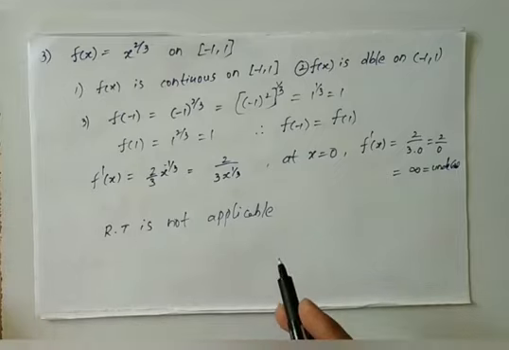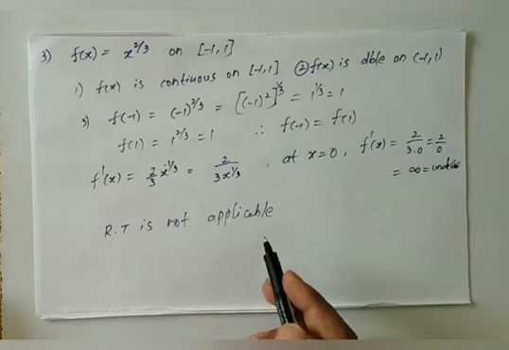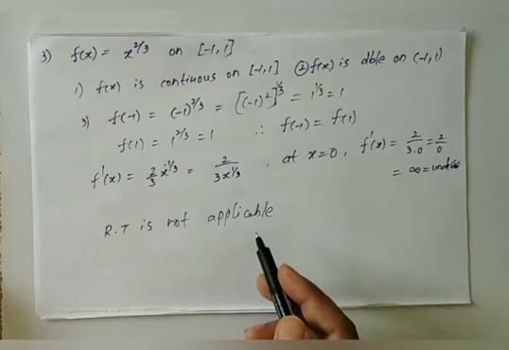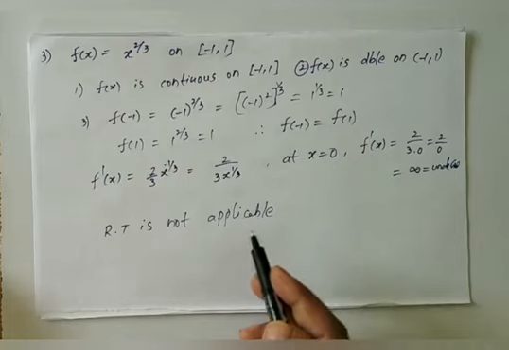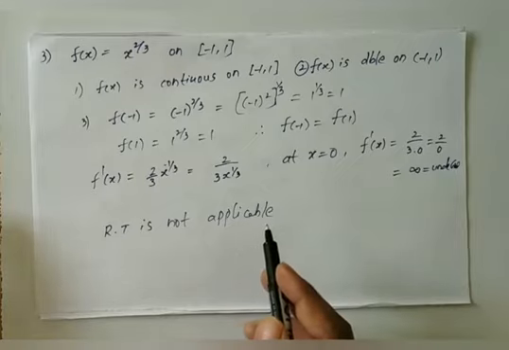If f dash of x exists for all x in the given open interval, then only we can say that Rolle's theorem is applicable. Otherwise, it is not applicable. Don't confuse.